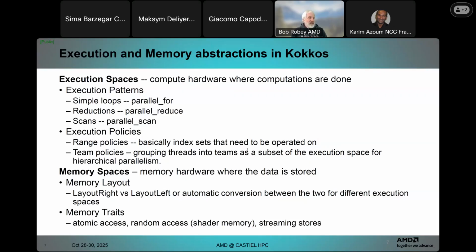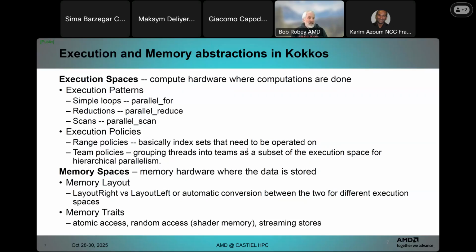Execution policies, you can specify the index sets that are to be operated on. And in all of these concepts, we're separating the body of the loop from the index set, because the index set is going to be specified on the host, and the body of the loop is going to be sent to the GPU and executed there.